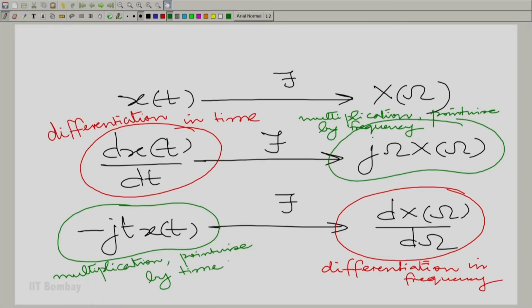So, there is a duality here, duality meaning reversal of roles. When you differentiate in time, you multiply pointwise in frequency. When you differentiate in frequency, you multiply pointwise in time. Of course, there are small adjustments, there is a minus sign there and so on, but those are minor.